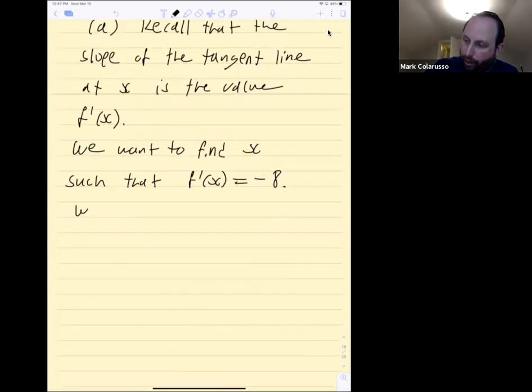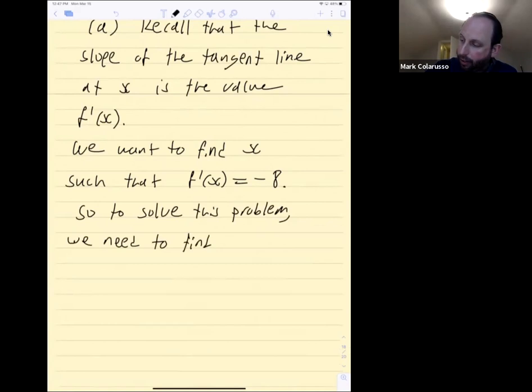So to solve this problem, we need to find f prime at x and set it equal to -8 and solve for x.